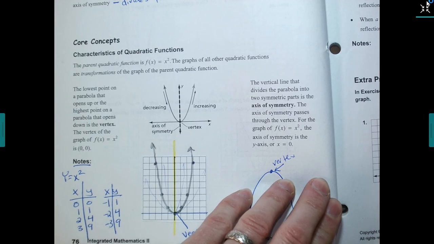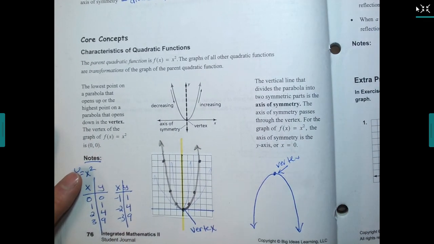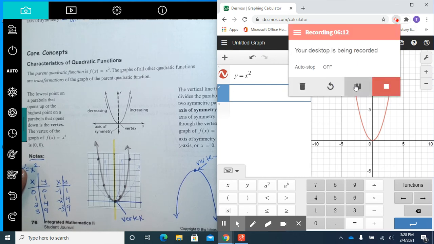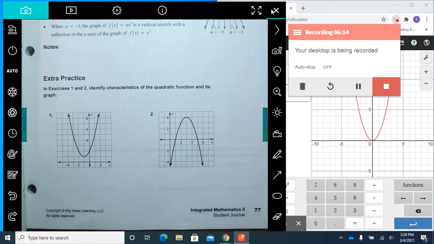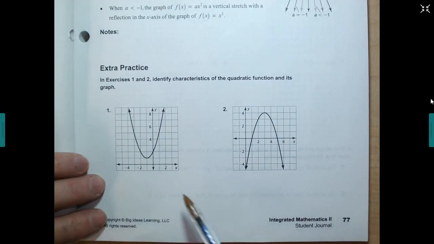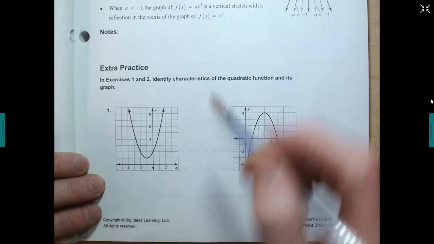All right. So let me pause this for a second. Okay, I'm back. So for these two, they want you to identify the characteristics. So I'm going to list the characteristics for you.